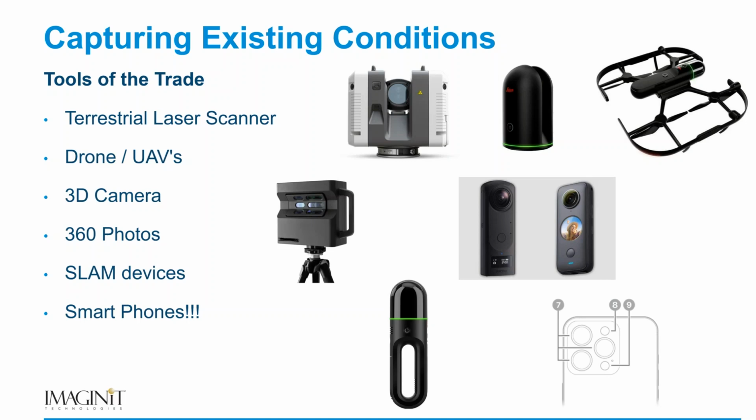And then, down at the bottom, a SLAM device. That product is something that you can walk around with. It's called simultaneous localization and mapping. SLAM is basically a typical static laser scan, but you're walking around. You're actually able to take photos as you walk a location.